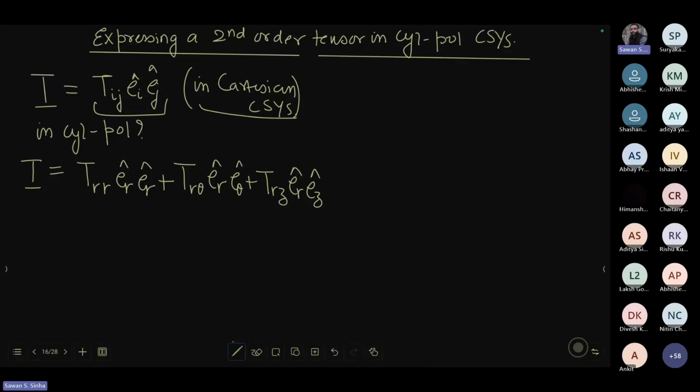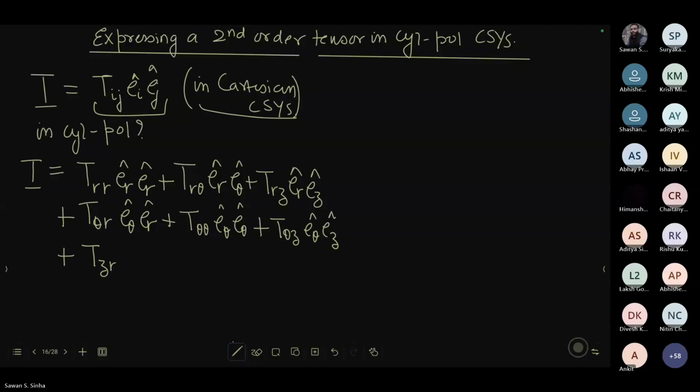TRR ER ER, TR theta ER E theta, TRZ ER EZ. More terms. T theta R E theta ER, T theta theta, T theta Z, E theta EZ. 6 taken care of. 3 more.